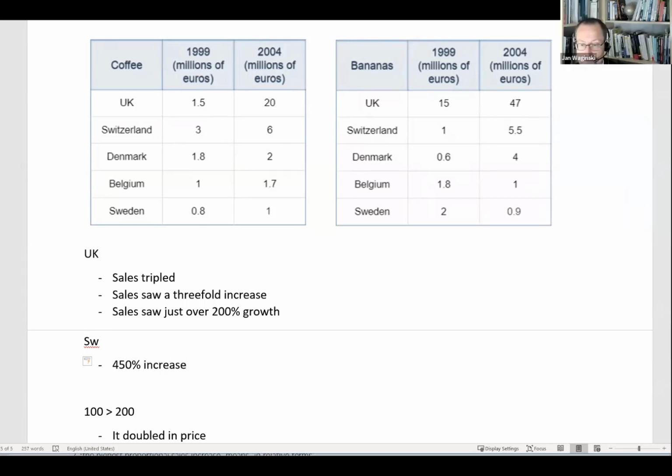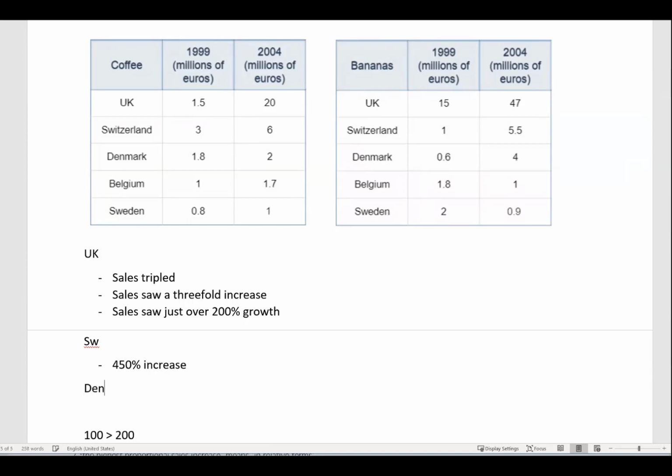Right. So do you see a pattern here? If something doubles, it's 100%. If something triples, it's 200%. So if you know that something has gone up 5.5 times, that's 450% increase. So that is 5.5-fold. You can say an over fivefold increase if you want to put it that way.